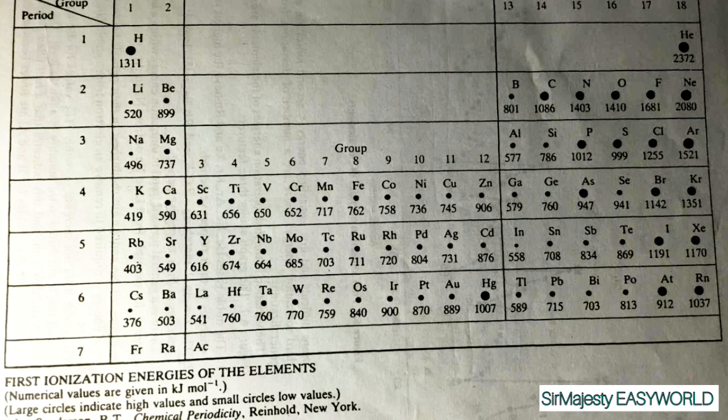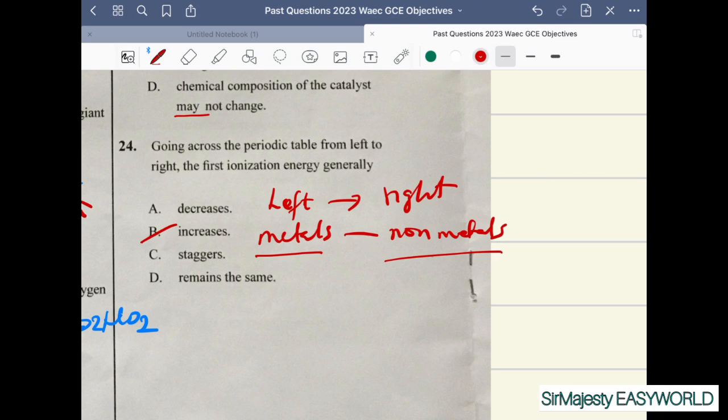But non-metals have very high ionization energy. That is why it's very difficult to remove electrons from them. Rather, they can gain because of their high electron affinity. Therefore, when you move from metal to non-metal, ionization energy increases. Remember, as it is increasing across the period from left to right, it is also decreasing down the group from up to down. Do you understand that now? So the answer should be B.